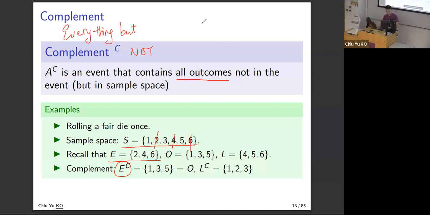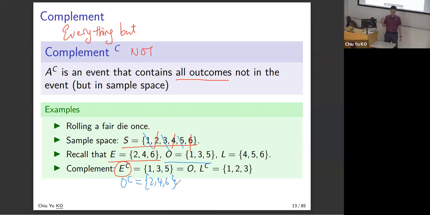For the complement of O, with 1, 3, 5 taken out, you can do it by yourself: it's 2, 4, and 6. Is that clear? And you can see how we get the complement of L, which is 4, 5, 6: not large, it's small, it's 1, 2, 3. Those are the three operations. Is that okay?